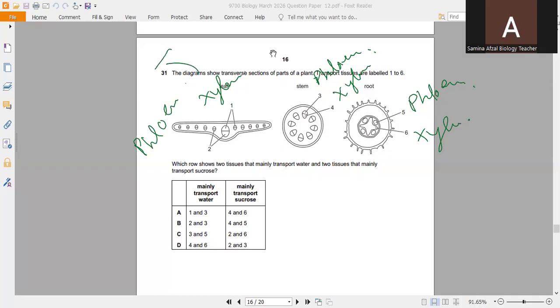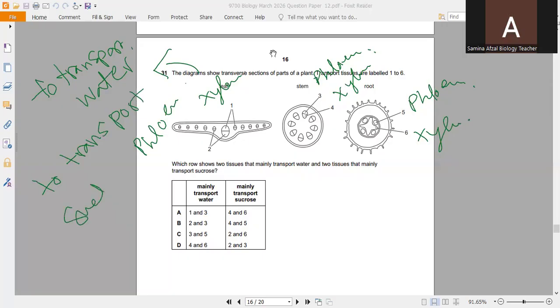So the function of xylem is to transport water. And the function of phloem is to mainly transport sucrose. So xylem is 1, 4, and 6.